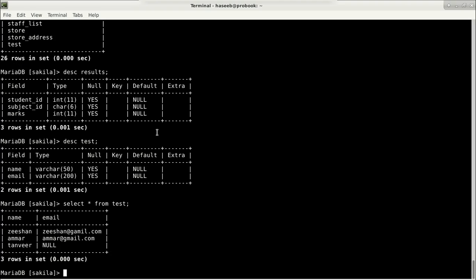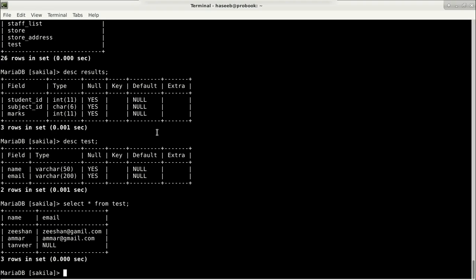Okay, we can apply this ifnull on the test table. In the test table there are two fields, name and email, and in the email column the email of the person named Tanveer is not entered. That is why the database is displaying null in that column against the name of Tanveer.